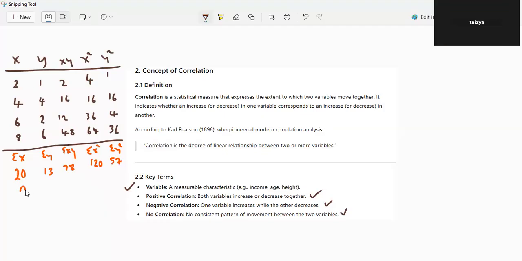And what is our n? We have 1, 2, 3, 4. So n is 4.